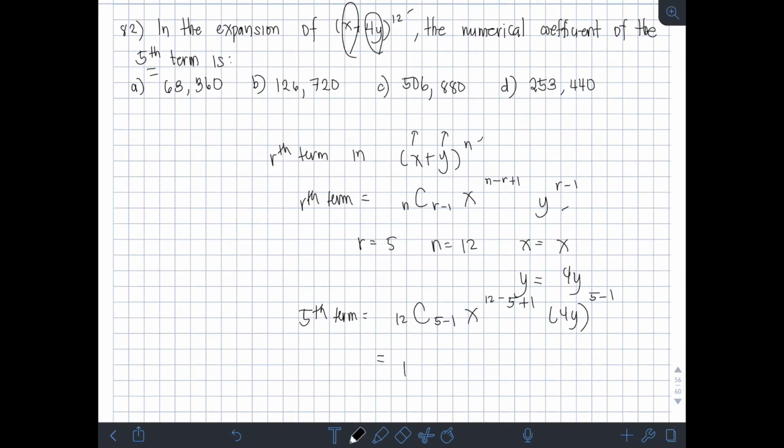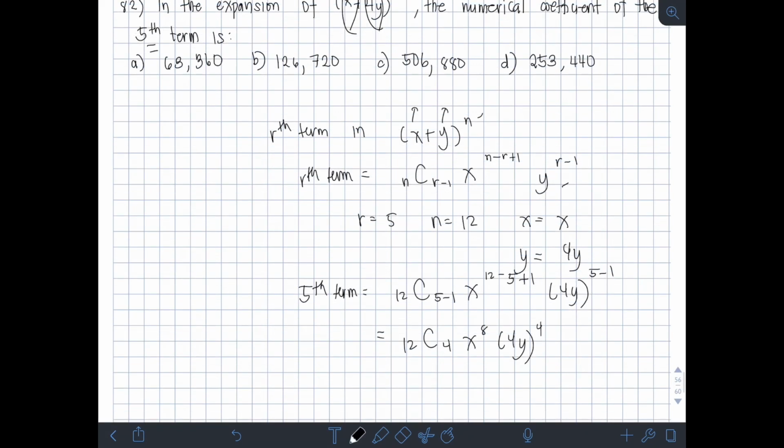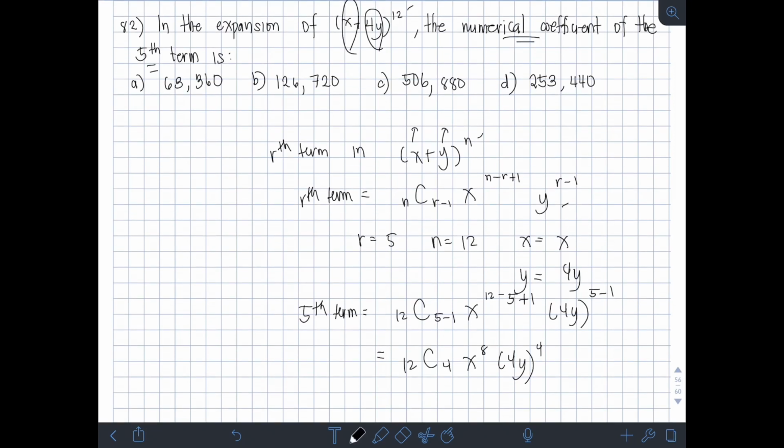So, pag sinimplify natin, 12c, 5 minus 1 is 4, x raised to 12 minus 5 plus 1 is 8, and then 4y raised to 5 minus 1, 4. So, parang magiging coefficient nito is, disregard natin yung mga variable kasi ang tanong is coefficient lang, numerical coefficient.